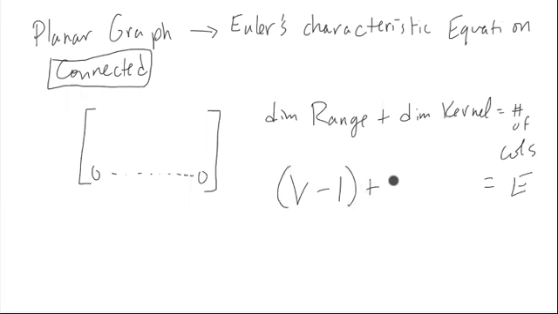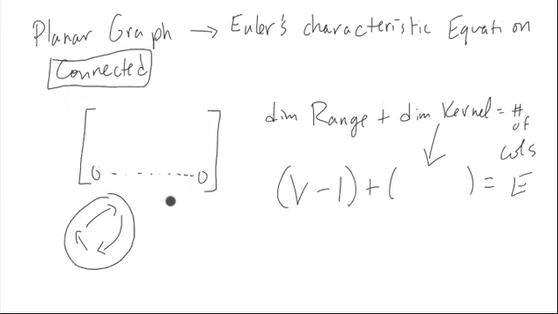Now, how can we have a nice depiction of what the dimension of the kernel is? When we're computing Smith normal form, realize that we eliminate cycles. In fact, if you have any cycle at all, the incidence matrix will send it to 0.